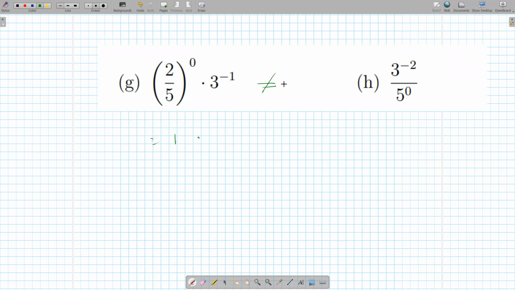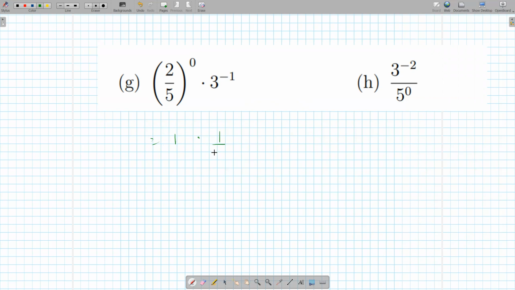And what is 3 to the power of negative 1? Do not say negative 3, okay? It's not negative 3. What's 3 to the power of negative 1? So the exponent is negative. Let's make it positive. Do you put it under 1? Yeah, you put it under a 1, okay?